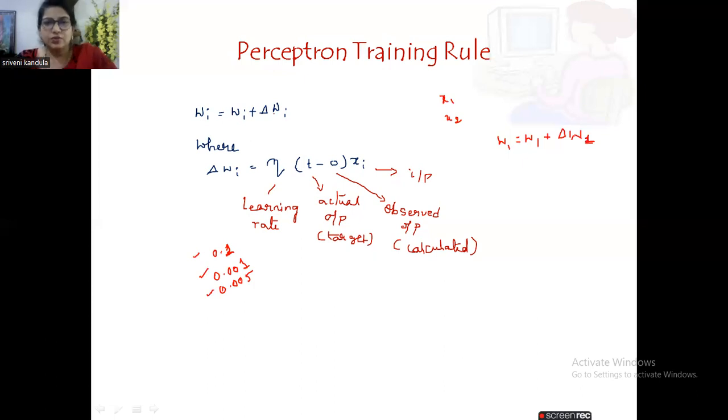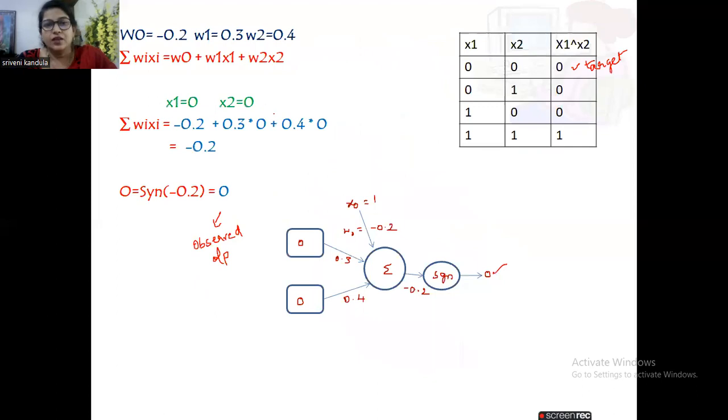Before doing that, let us first see why the perceptron has to learn. What is the necessity for this learning? This is the earlier example we already worked out, the implementation of AND. Since AND is linearly separable, I am taking the same example.